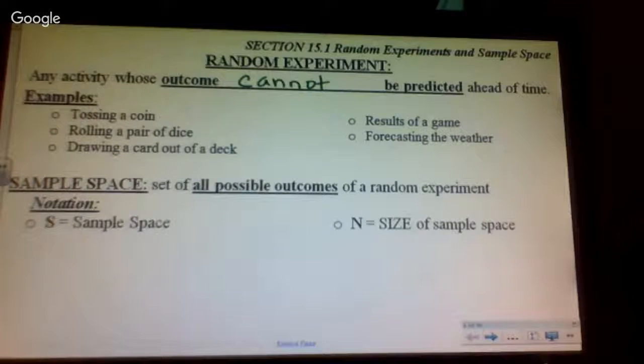So we have a sample space, which is your set of all possible outcomes of a random experiment. Sample space: this is outcomes, or what happens.